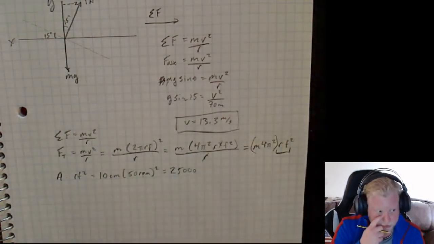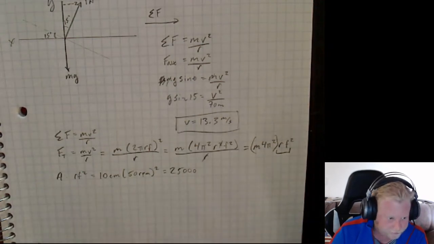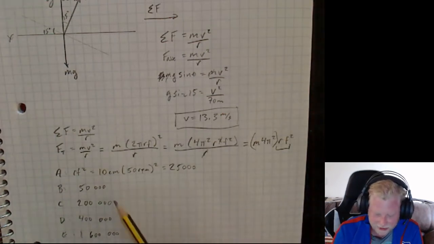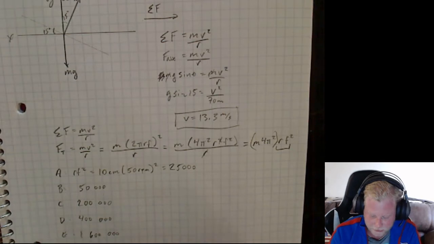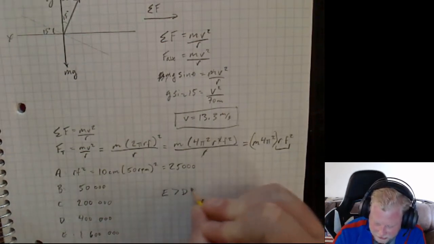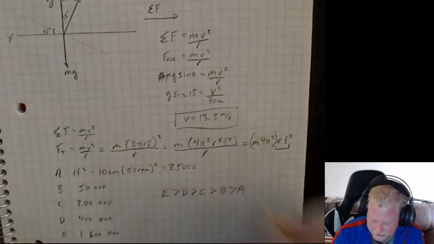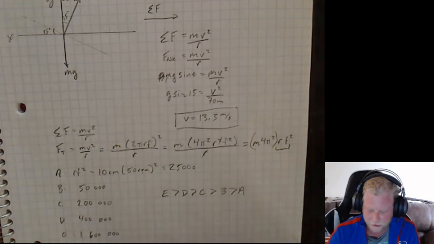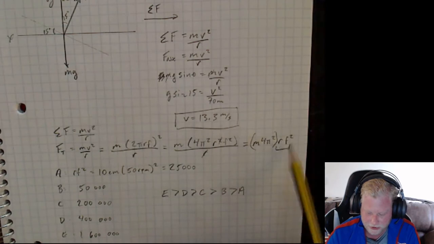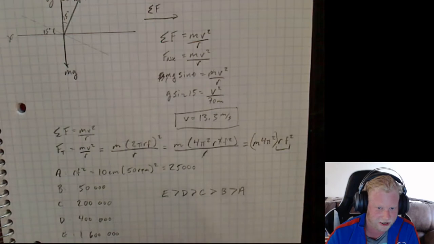So go through and do that for all of the others. All right, so these are the values you should get: 25,000, 50,000, 200,000, 400,000, 1,600,000. So tension in E would be greater than D, greater than C, greater than B, greater than A. In all of these ranking tasks, what you're looking for is some combination of variables that you can easily rank given what they've given you there.